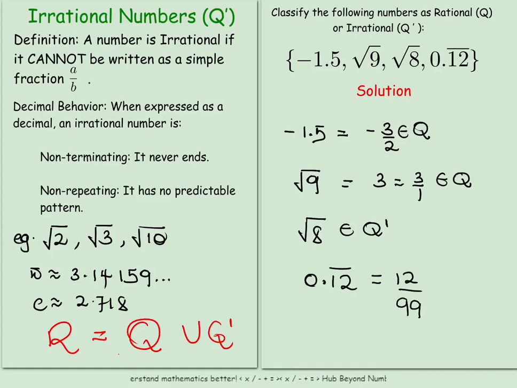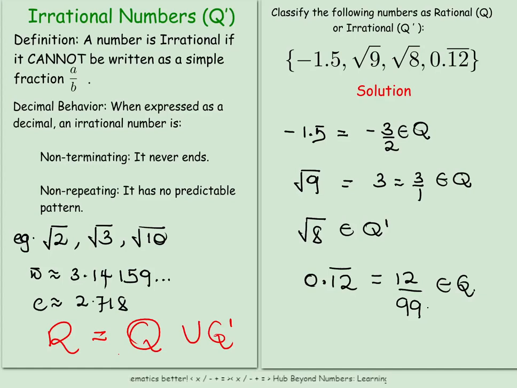We will go through how to do these conversions in our subsequent videos. Now, since it is able to be written as a fraction, we can say it is a rational number, right? So this is how far this video is going to get.